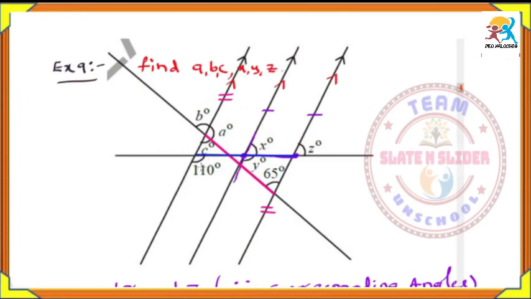So just observe only these two lines, just ignore the middle one. So if it is 110 degrees, then definitely it will be 110. How? It is 110. How can I write that? Because these two angles are corresponding angles.